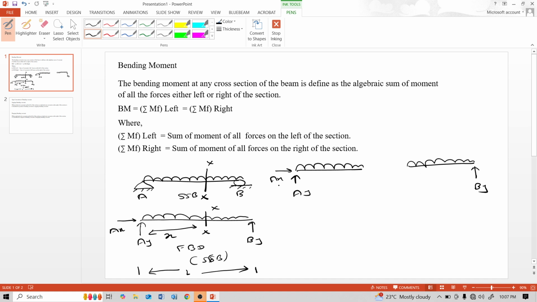So due to this uniformly distributed load, W per unit length, inside the beam moment generates. The bending moment at any cross section of the beam is defined as the algebraic sum of moment of all the forces either left or right of the section.